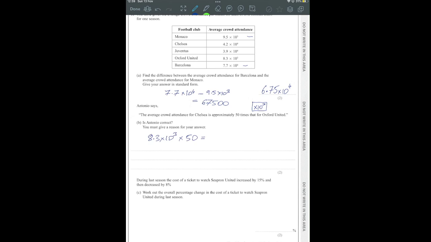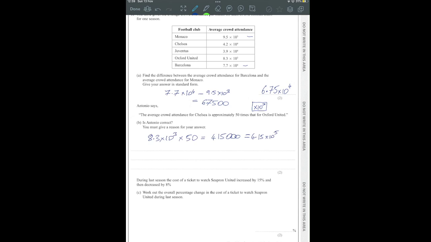So I multiplied that by 50. Double checking that I typed it in right. That comes out as 415,000, which in standard form is 4.15 times 10 to the 5.